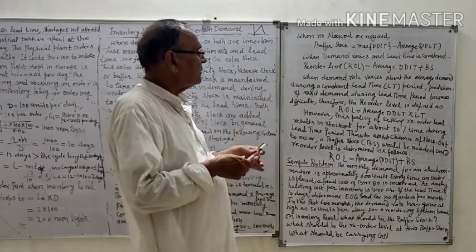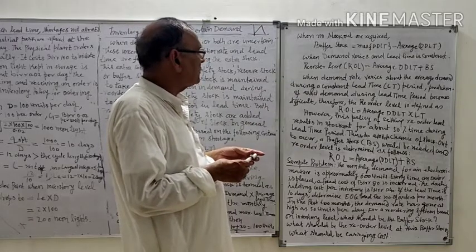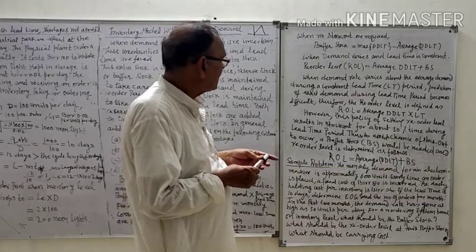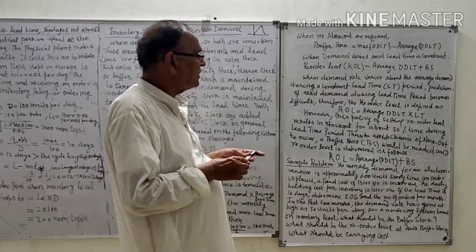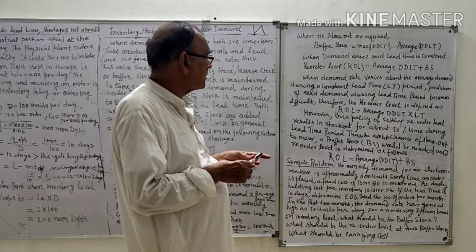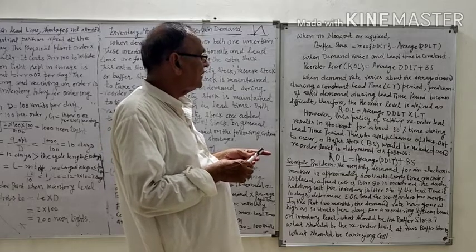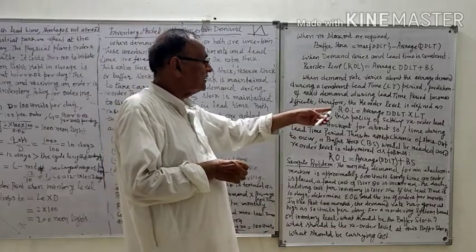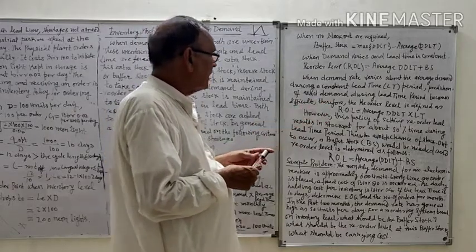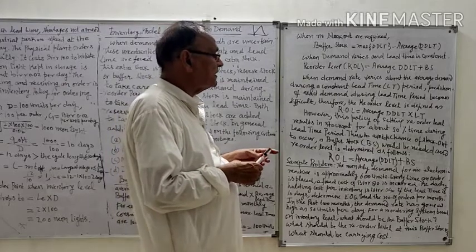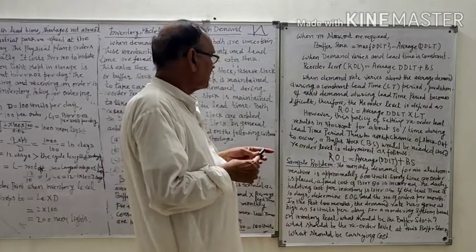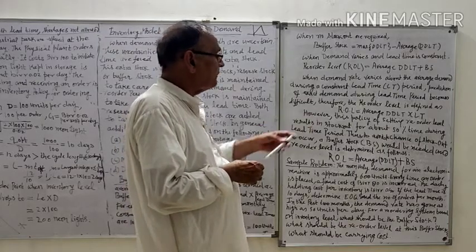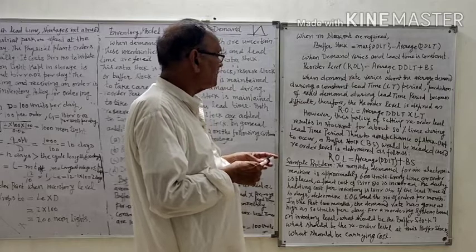Second, when the demand rate varies about average demand during a constant lead time period, the prediction of exact demand during the lead time period becomes difficult. Therefore, the reorder level is defined as average demand during lead time into lead time. However, this policy of setting reorder level results in stock out about 50% of the time during the lead time period.